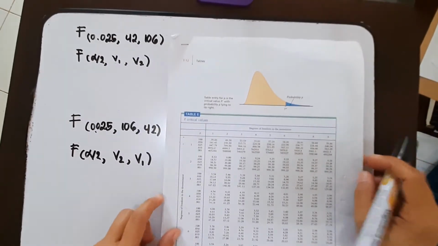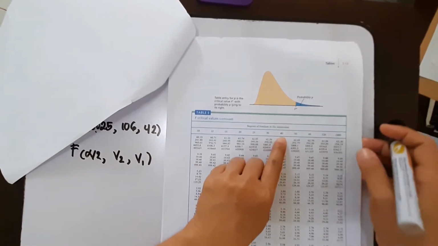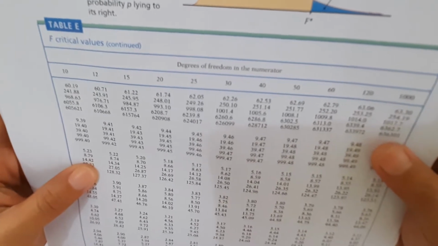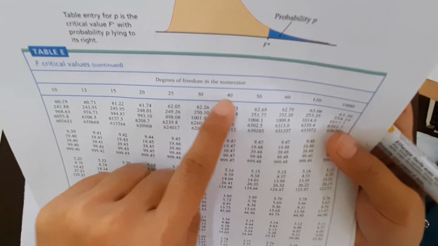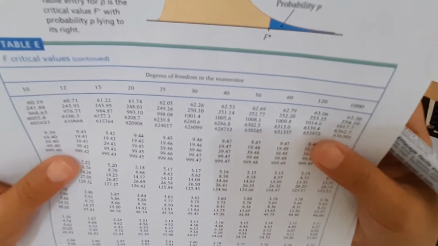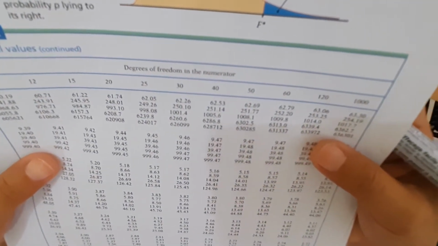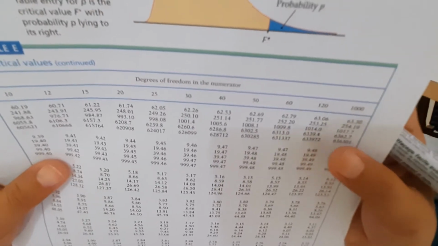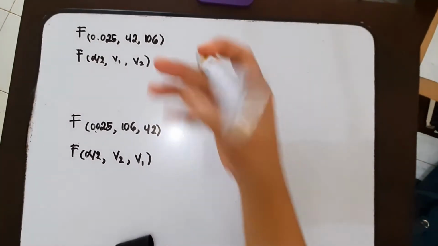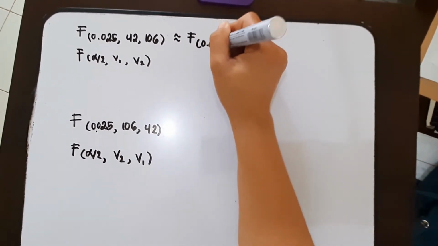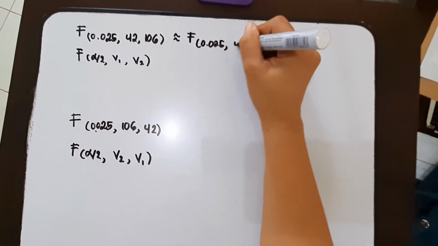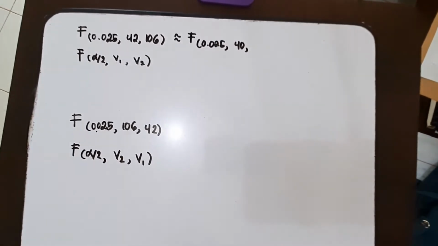Since in our F table we only have 40, 50, 60 as numerator, we can consider the critical value taken from 40 as the numerator.